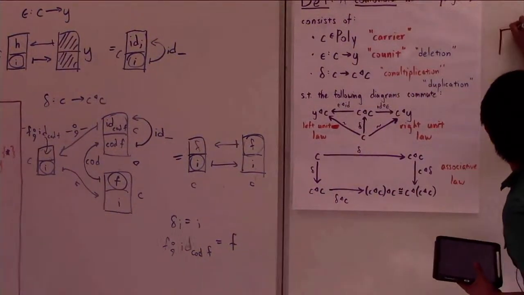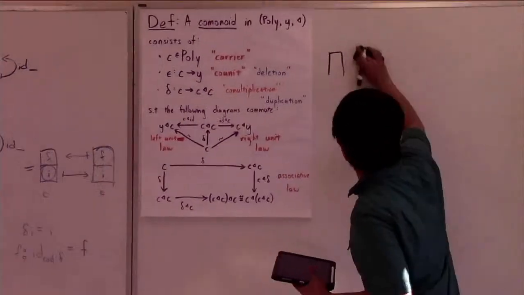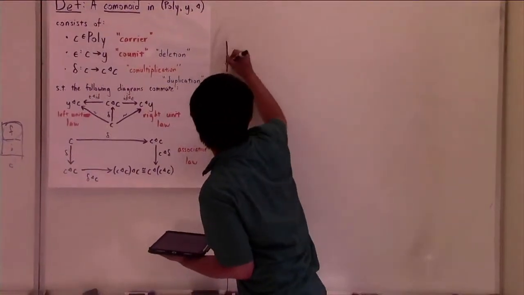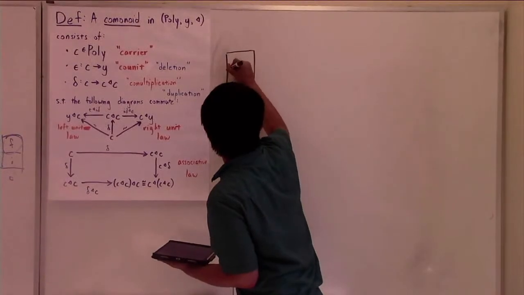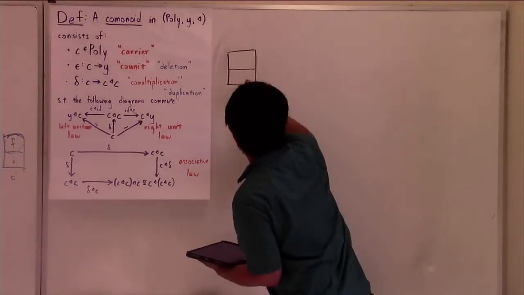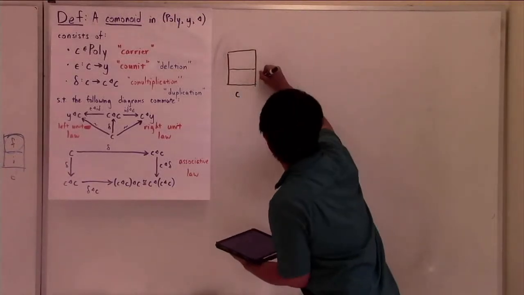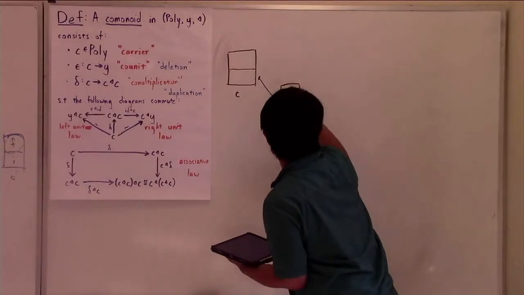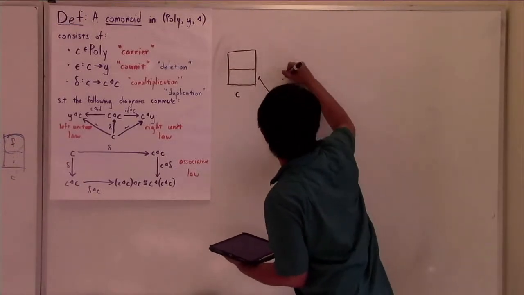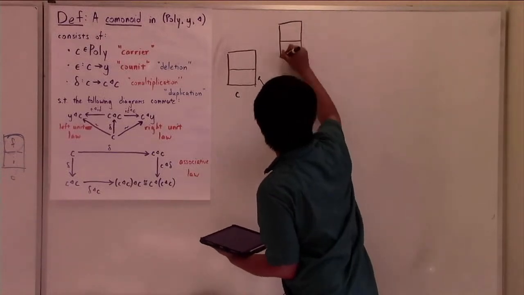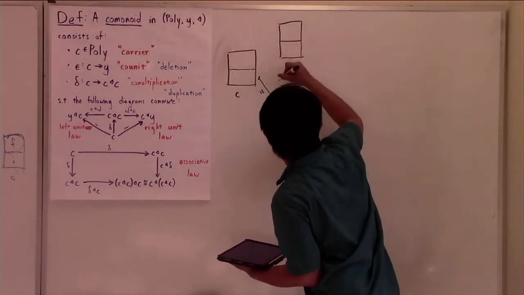So we start from our, I'm going to make this box rather wide if I want to fit everything in here. Okay, we're going to start with C here. Duplicate it once with delta to get two C's. Remember, this is an equal sign.